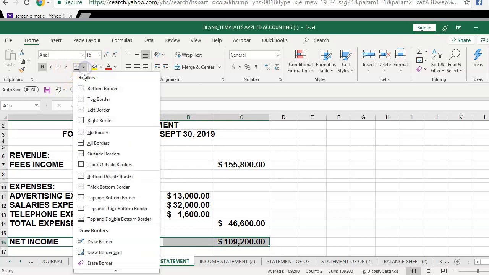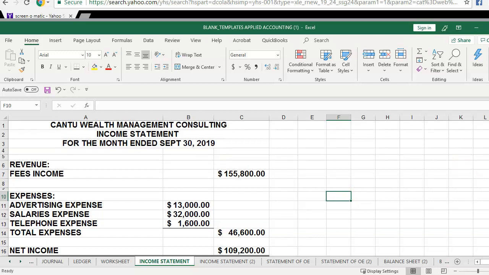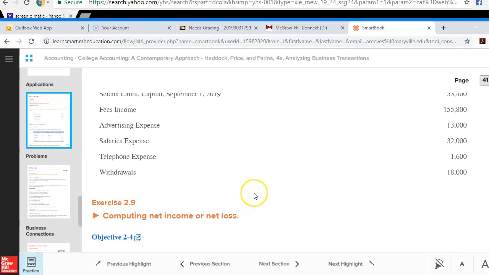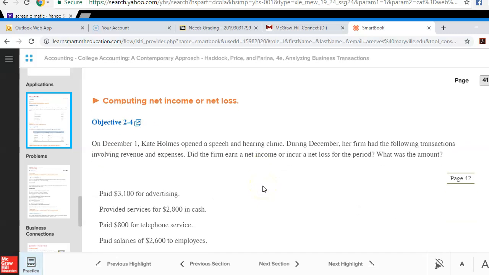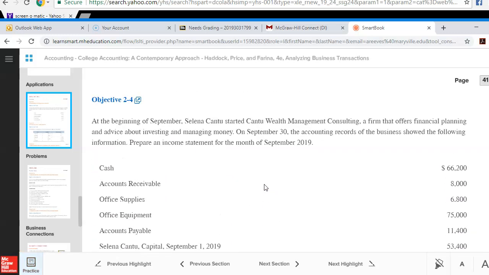But if that number was negative, then a net loss has been incurred. So in our first income statement for the month of September for this company, they've earned net income of $109,200.